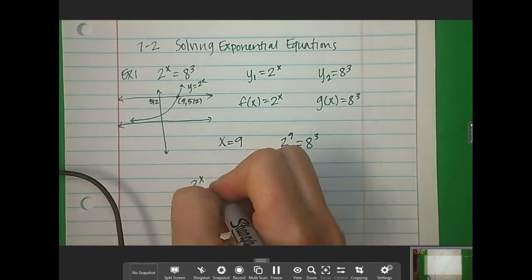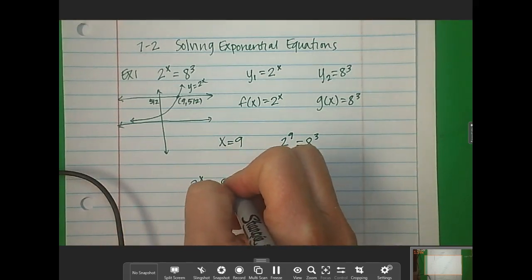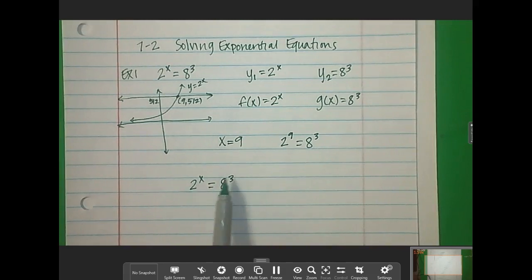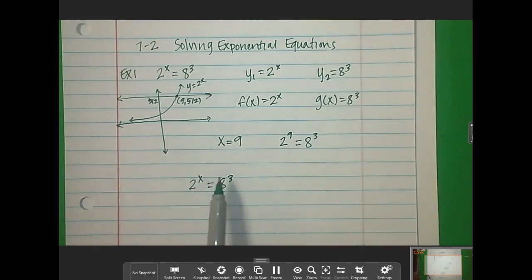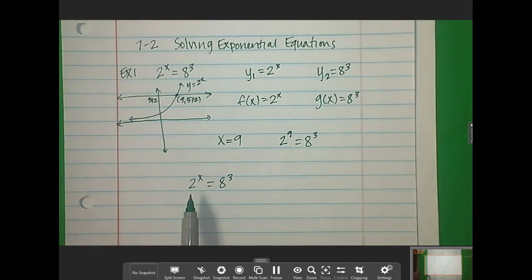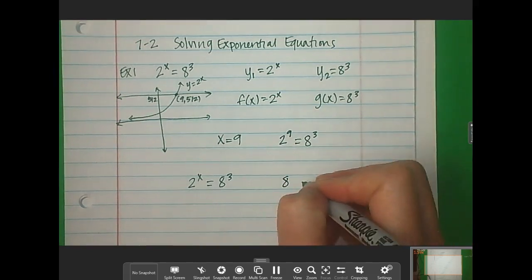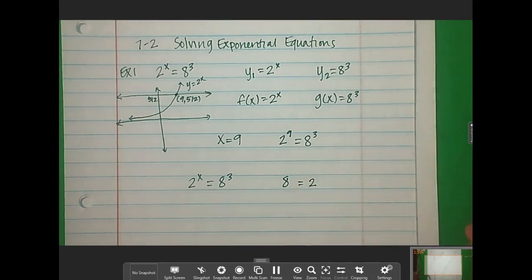Okay, let's talk about how to solve this algebraically. My bases need to be the same for me to be able to work out or solve the exponents. This base is 2, this base is 8, not the same right now, but can you rewrite a base of 8 into a base of 2? 2 to the what would give me 8? 2 to the third.